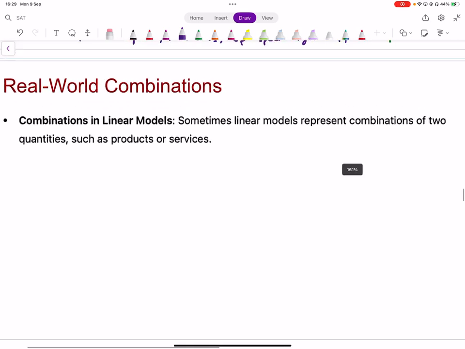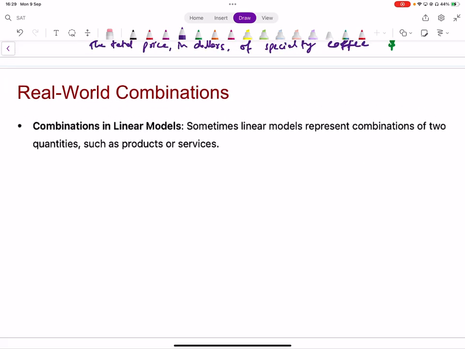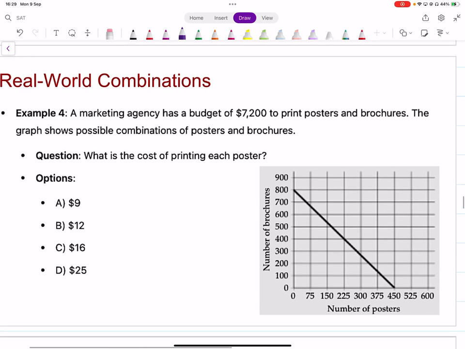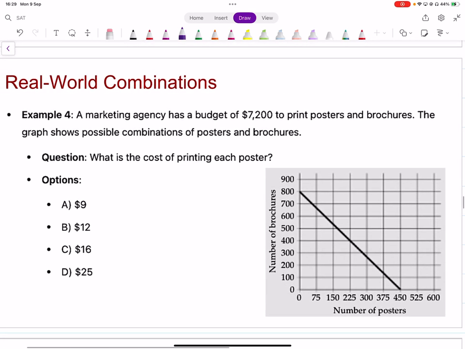Now, sometimes you have some combinations in linear models. Let's try to understand that using this example. Let's say you have a marketing agency that has a budget of $7,200 to print posters and brochures. The graph shows the possible combinations of posters and brochures. What's the cost of printing each poster?